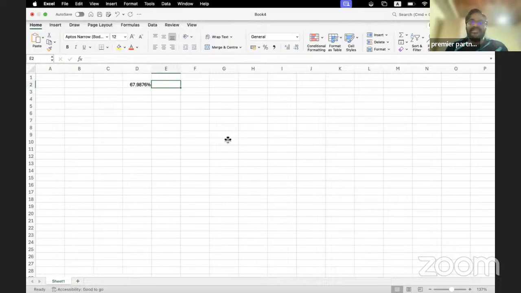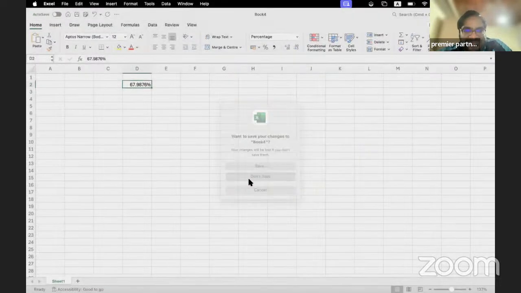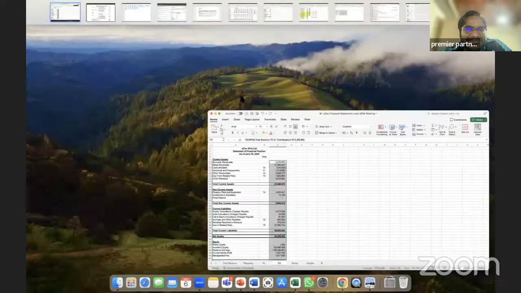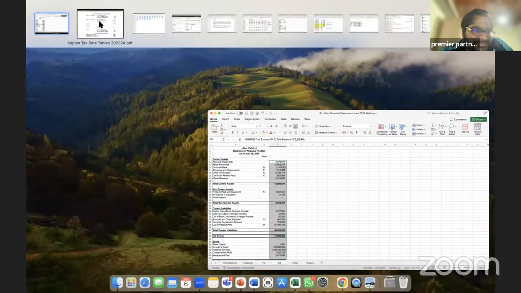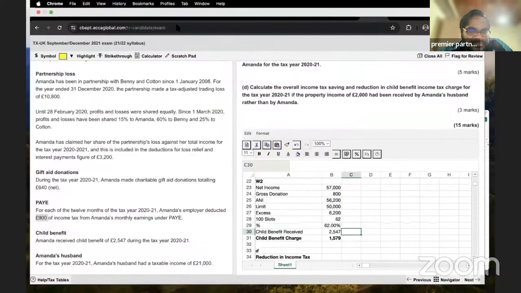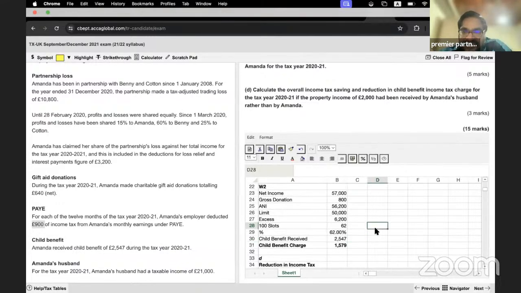That's what you're asking, right? How to change it to percentage, not rounding off. Am I correct? How to have the percentage mark? That's what you're asking. All right. Okay, I'll show you. So how to get the percentage mark?